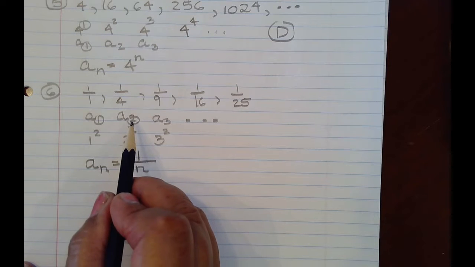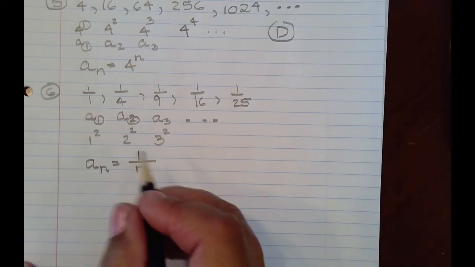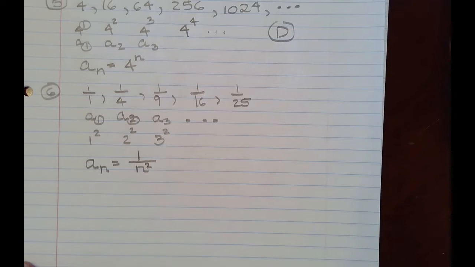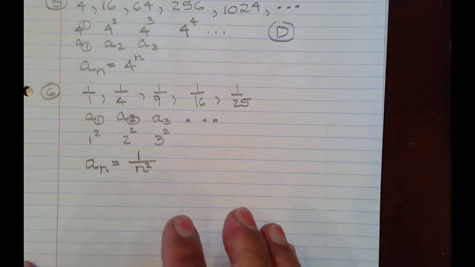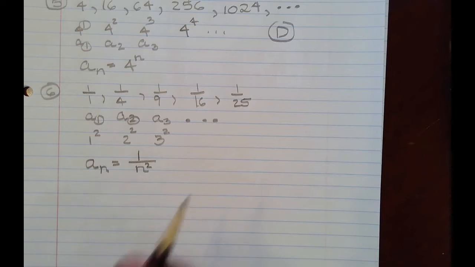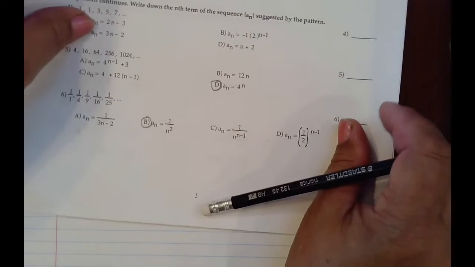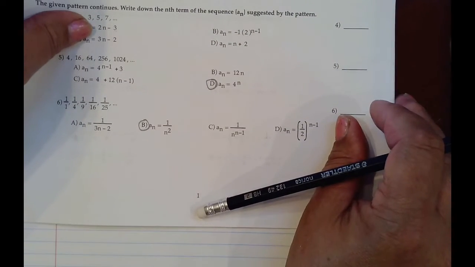The subscript is the n value. To be 2 squared. So basically that's how you're getting all the values in this sequence. Just 1 over whatever the n value is squared. Okay, and in the particular choices that we had, that was B.